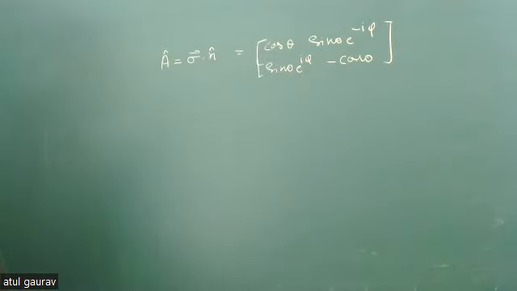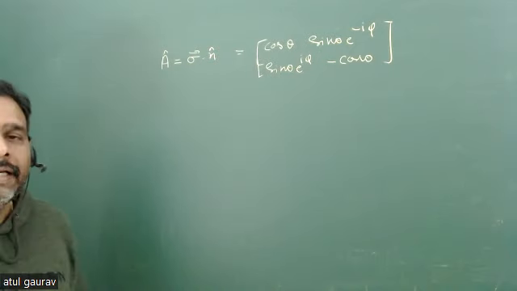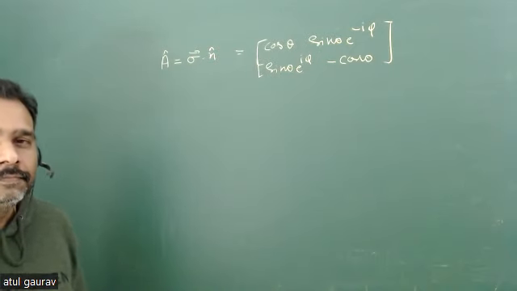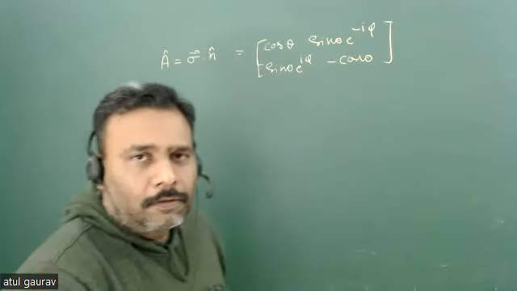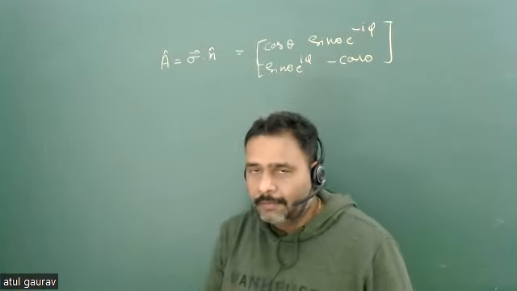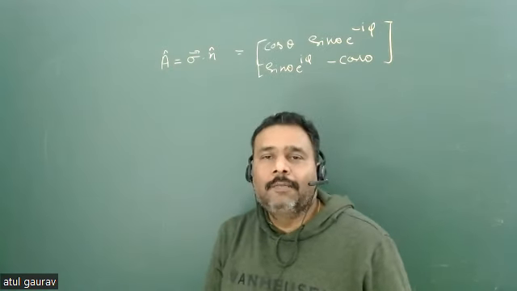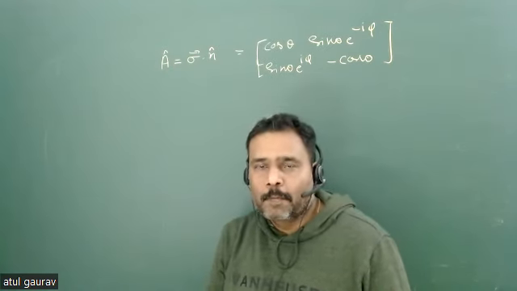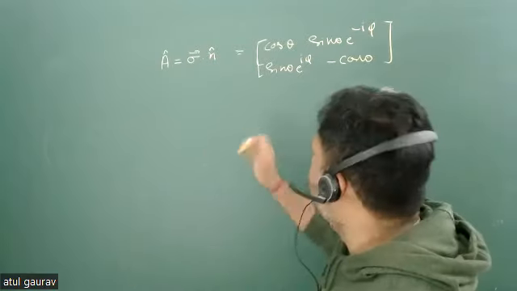So what should be the eigenvalue? Tell me. What is the eigenvalue of a unitary matrix? Plus minus 1. Plus 1 and minus 1. And now we will check it.